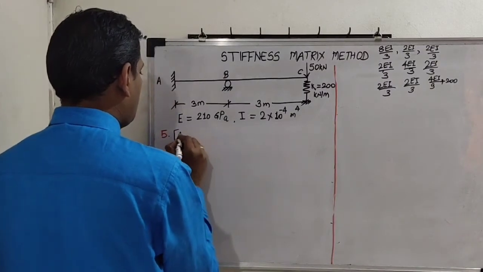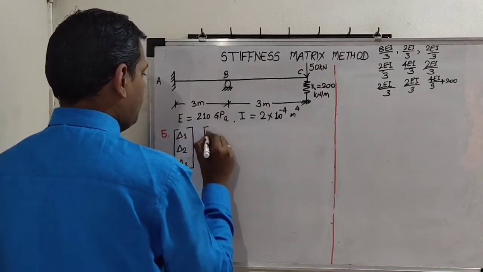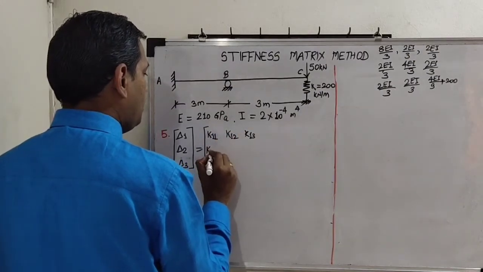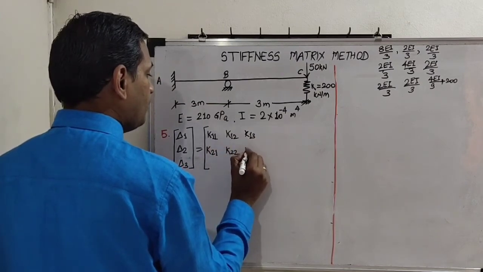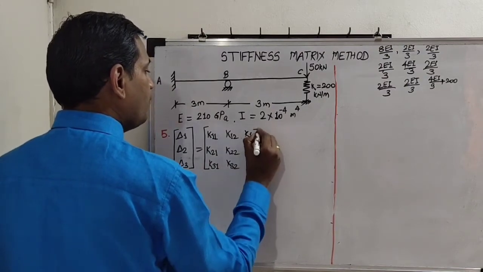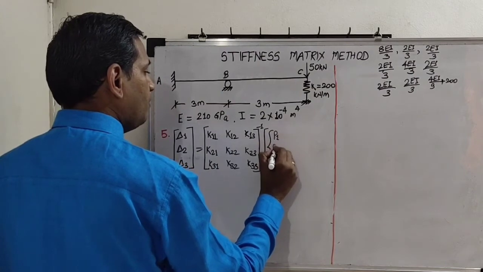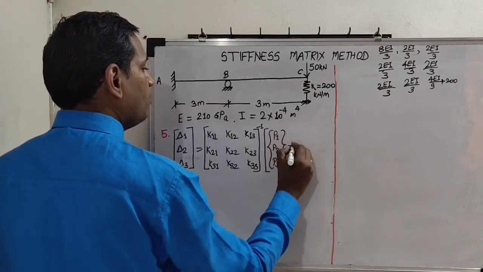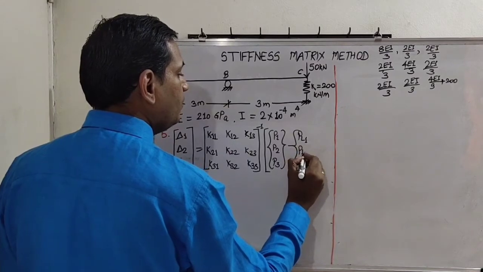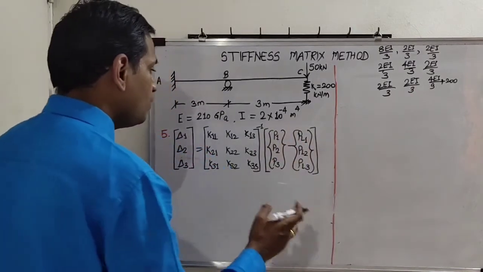First of all, these unknowns on left hand side, delta 1, delta 2, delta 3, is equal to the inverse of the 3x3 matrix K11, K12, K13, then K21, K22, K23, then K31, K32 and K33, multiplied by P1, P2, P3 minus PL1, PL2 and PL3. So out of these 6 values, P1 and P2 are 0, P3 is minus 50.